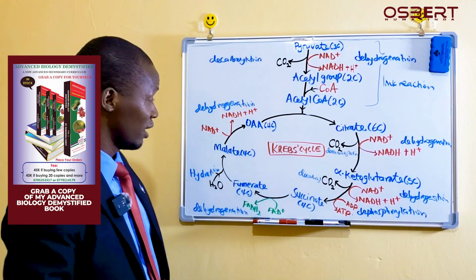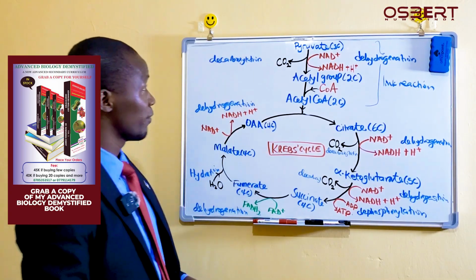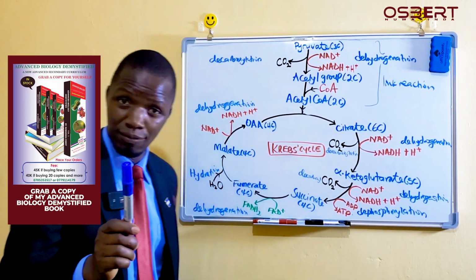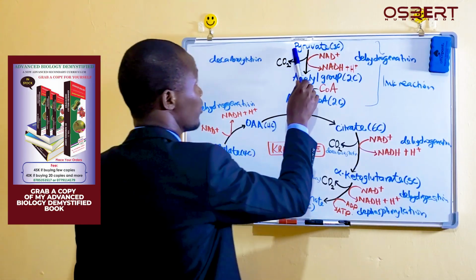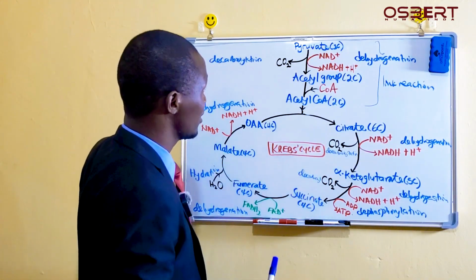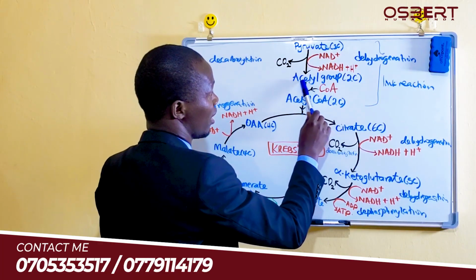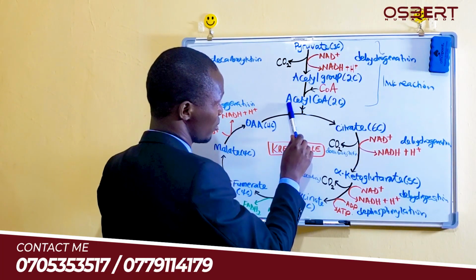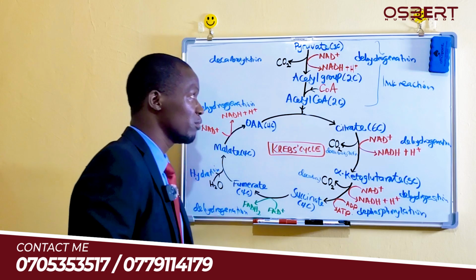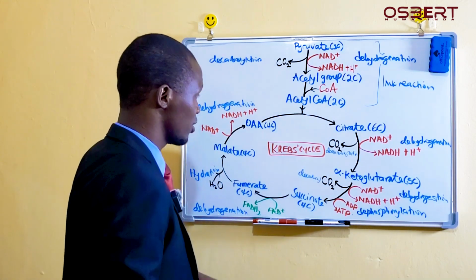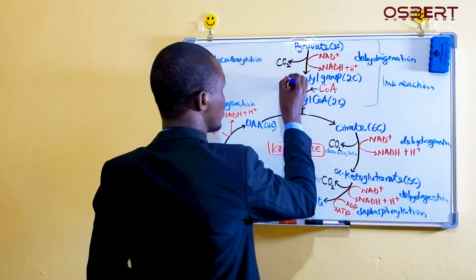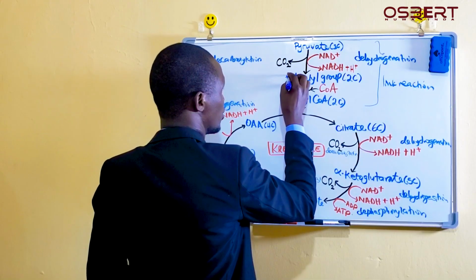For example, are you seeing the way it is here? Somebody can decide to say that pyruvate, which is a 3-carbon molecule, turns into an acetyl group, and then from there into coenzyme A. Somebody can decide first to remove this intermediate, this middle molecule here.